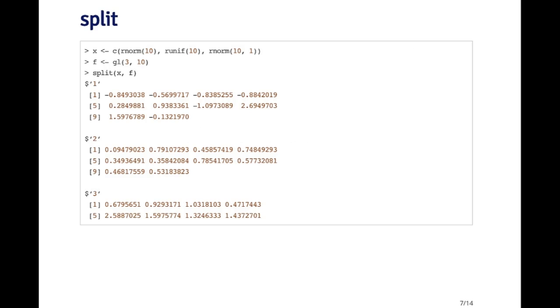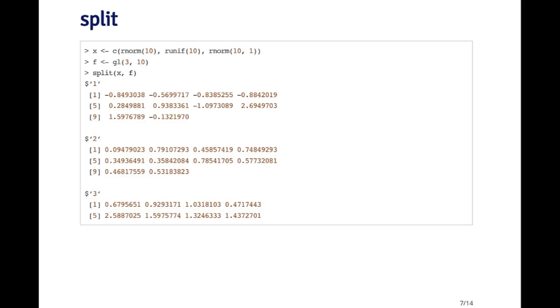So here is a simple example similar to what I had before with the tapply example. I've simulated 10 normal random variables with mean 0, 10 uniforms, and 10 normals with mean 1. And I'm creating my factor variable here. Now I'm just going to split the vector into 3 parts because the factor variable has 3 levels.